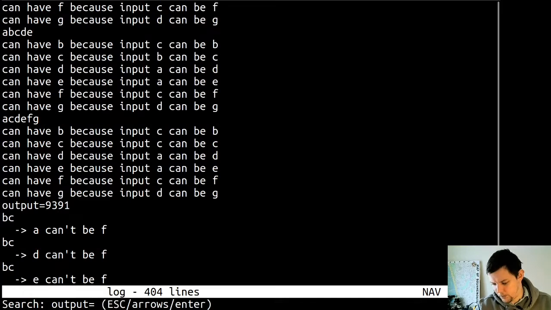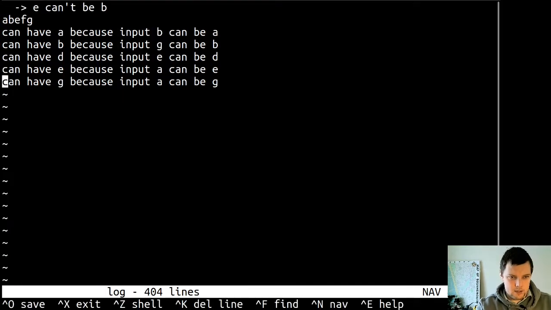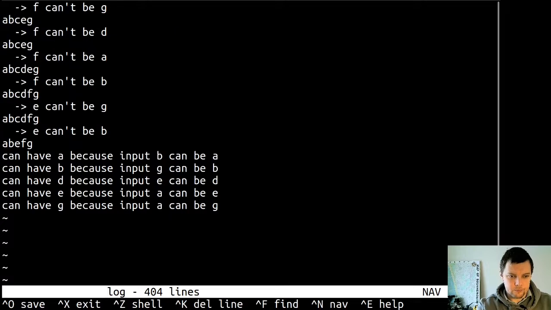So yeah, we probably need to depth first search the mapping is one part, and the other part is, why does it think ABEFG is an illegal 5 segment?